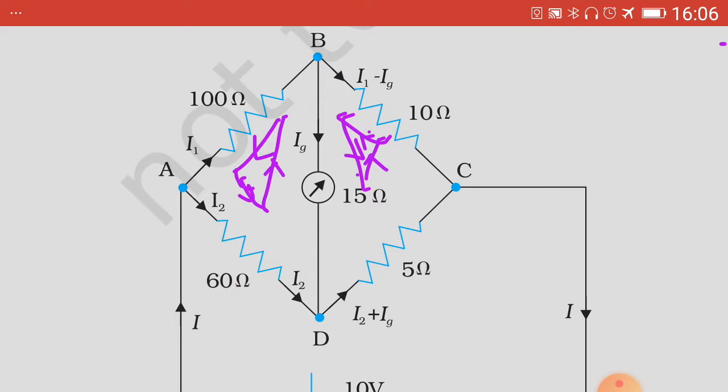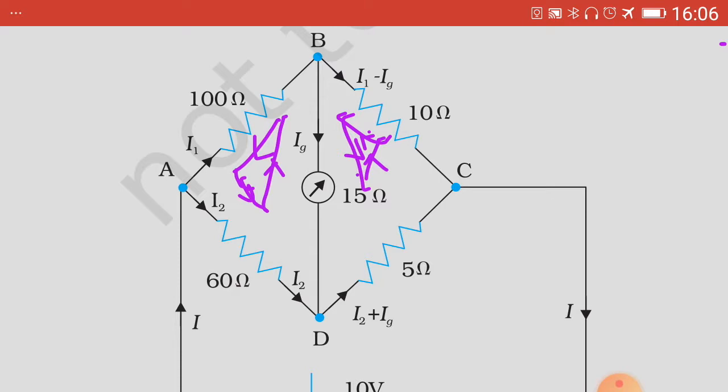and the equation will be sigma IR equal to sigma E, that is using Kirchhoff's second rule. So it will be equal to 100 into I1, positive sign because opposite direction. Then traveling from A to D, it will be 60 into I2, but in the same direction, so minus sign, so minus 60 I2.